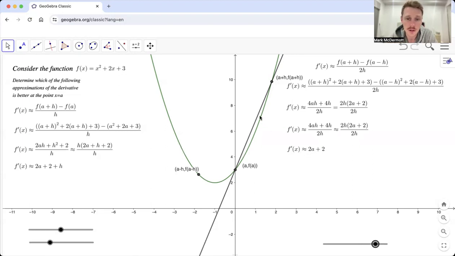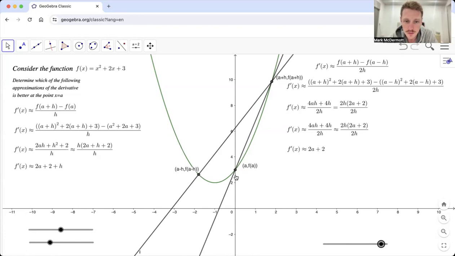All right. So what we can think about now is what this approximation is talking about. It's basically taking the gradient between f of a plus h and f of a minus h. If we put that line in, it's going to be a line between here and here now. And now we're dividing by 2h. You're probably wondering where the 2h comes from.